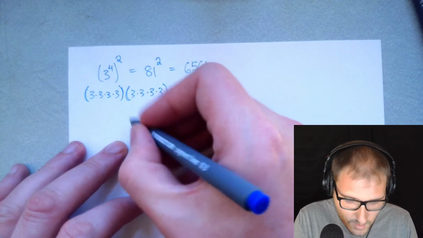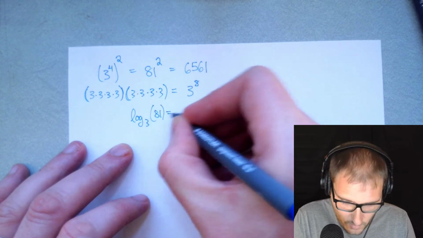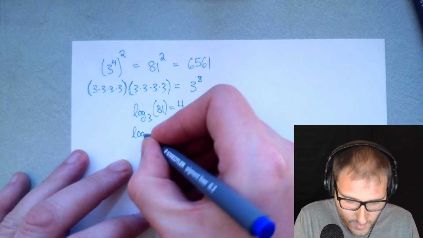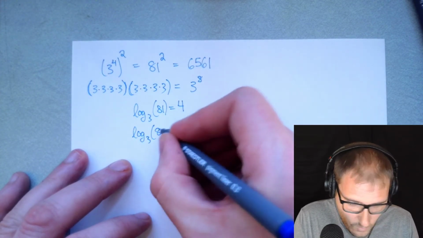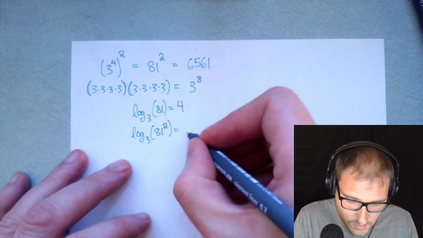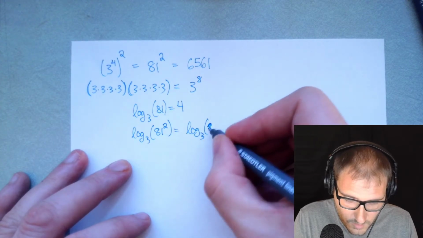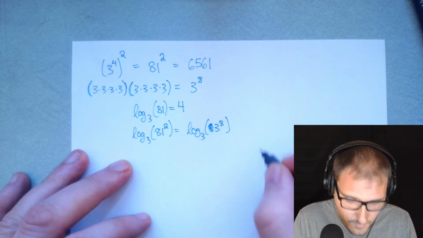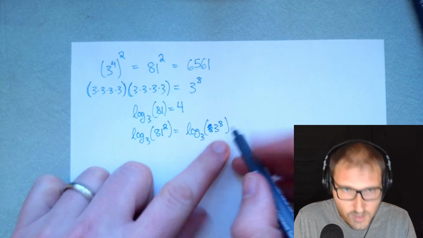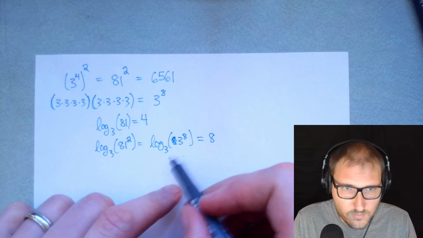In terms of logarithms, you would write log base 3 of 81 equals 4. Again, log base 3 of 81 squared is the same as log base 3 of 3 to the 8th power. What power do you need to raise a 3 to get 3 to the 8th? Well, it's just the 8th power. This isn't magic.